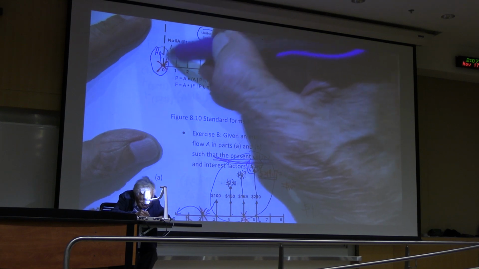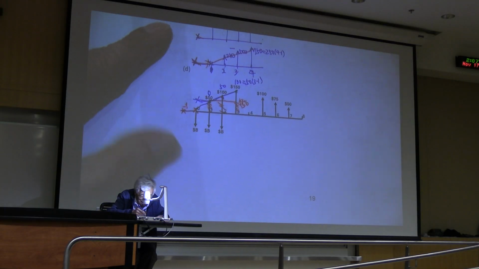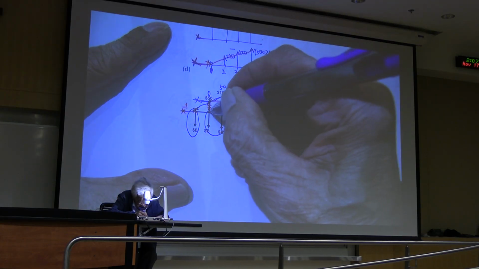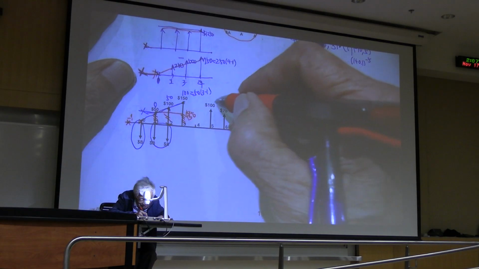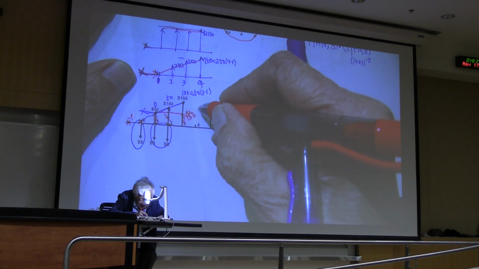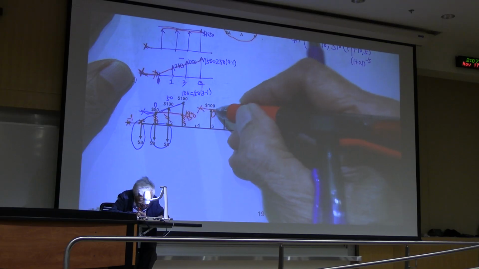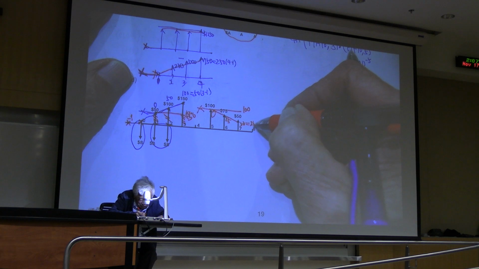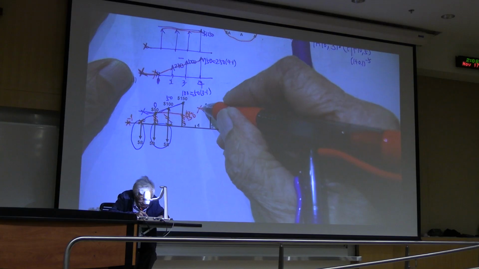There's no A at interest period 0. So just stand alone, just a uniform series. How about here? 100, 0, 25, 50 equals 25, 3 minus 1. That is a gradient series.